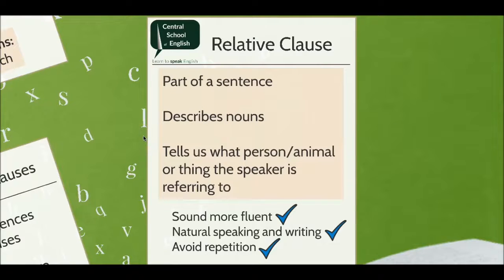A relative clause tells us what person, animal, or thing the speaker is referring to. Learning relative clauses can help English speakers sound more fluent. By using relative clauses, speaking and writing become more natural, and we avoid repeating the same words in a sentence.